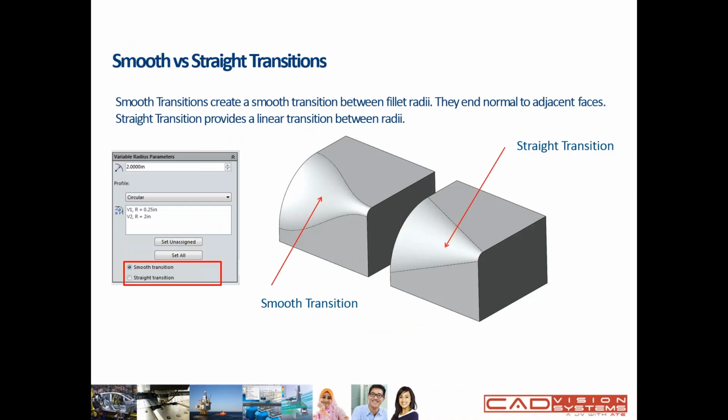When we come to variable fillets, there is an option for you to control the transition. Basically, we have two types: smooth transition or straight transition. Look at this picture. There are two pictures, the left and the right. They are both variable fillets, from small to big. The left-hand picture is using smooth transition, and the right-hand picture is using straight transition.